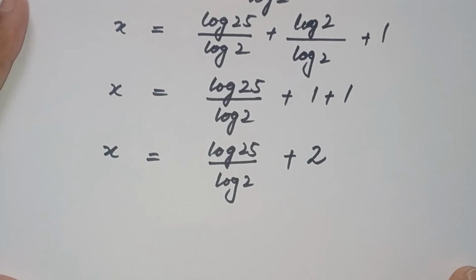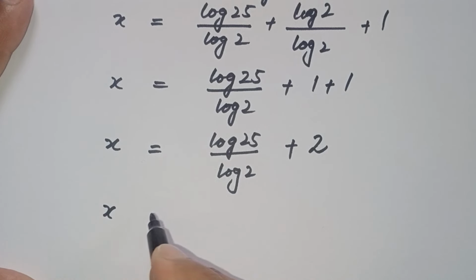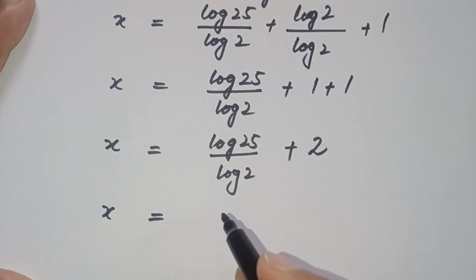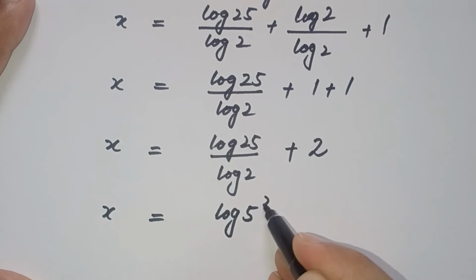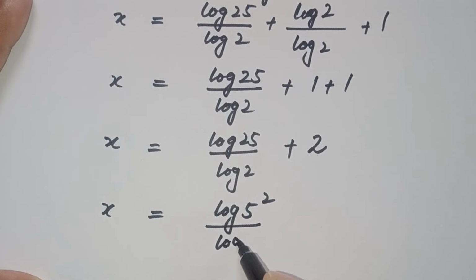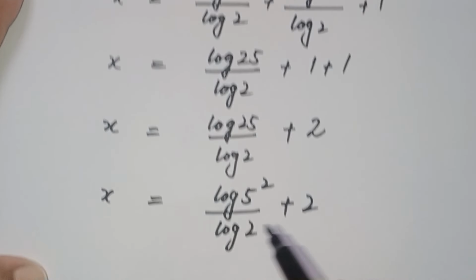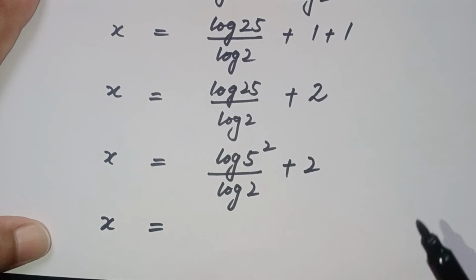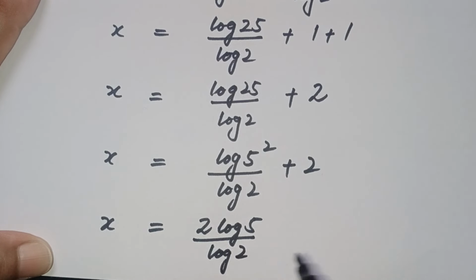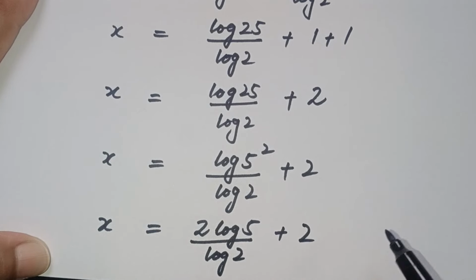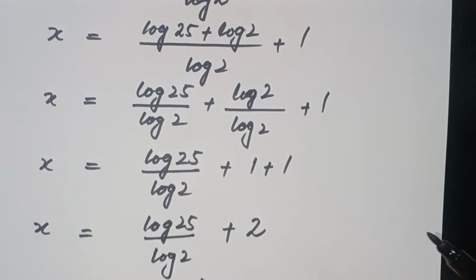Now we can write x is equal to log 25, which can be written as 5 squared, over log 2 plus 2. We can write x is equal to, the 2 will shift to the front, 2 log 5 over log 2 plus 2.